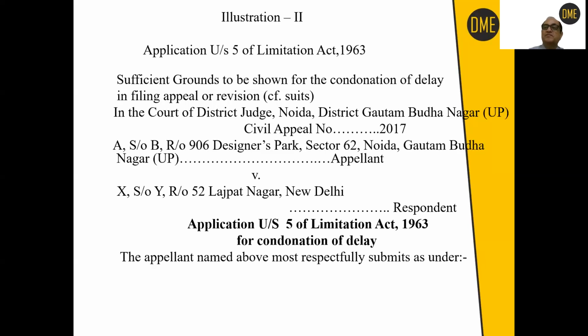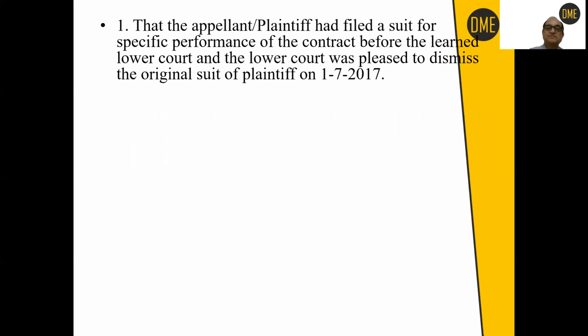And the opening paragraph will be: the appellant named above most respectfully submits as under. The first paragraph is that the appellant had filed a suit for specific performance of the contract before the lower court, and the lower court was pleased to dismiss the original suit of the plaintiff on 1st July 2017.